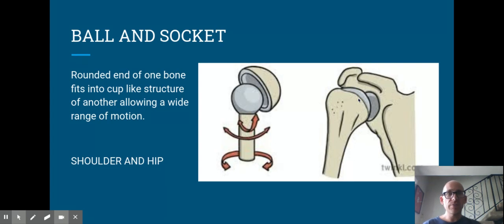Hip joint, for most people, their hip joint doesn't have as much range of motion as the shoulder. Okay, that's typical unless you're like a gymnast or something who's worked really extensively on their hip and upper leg muscle flexibility.